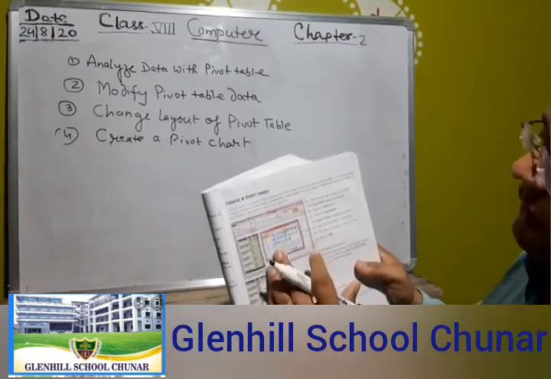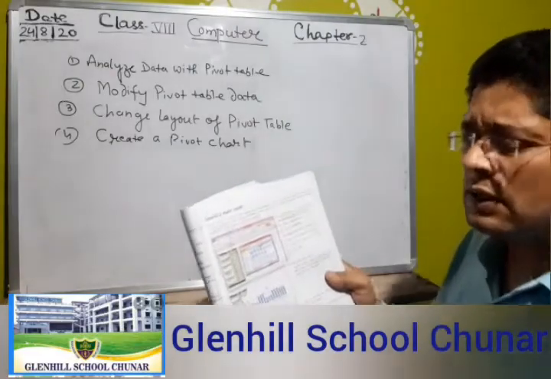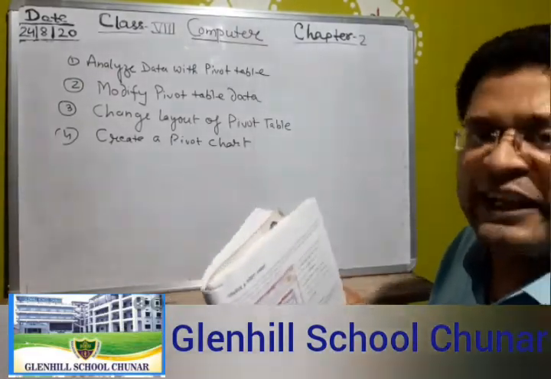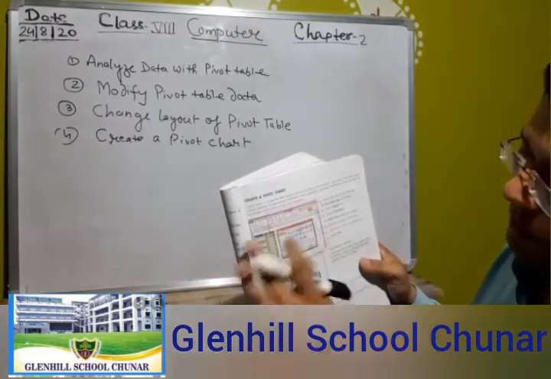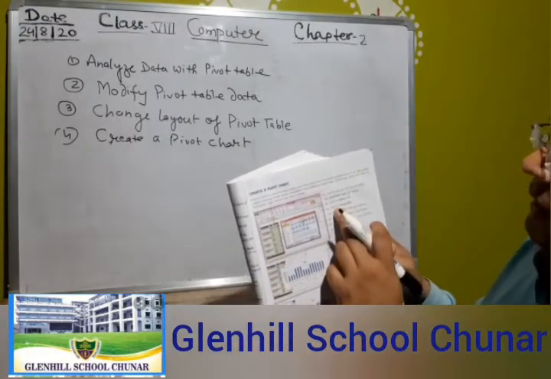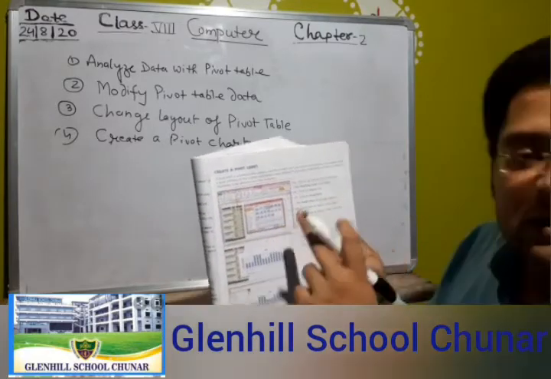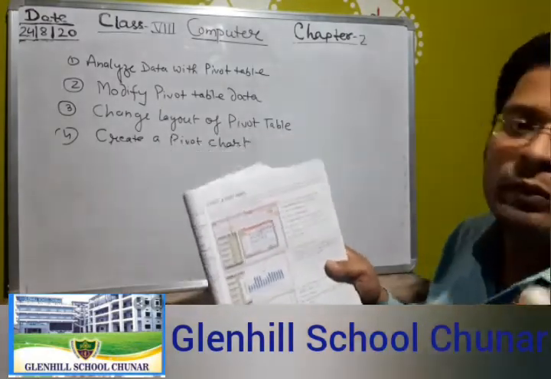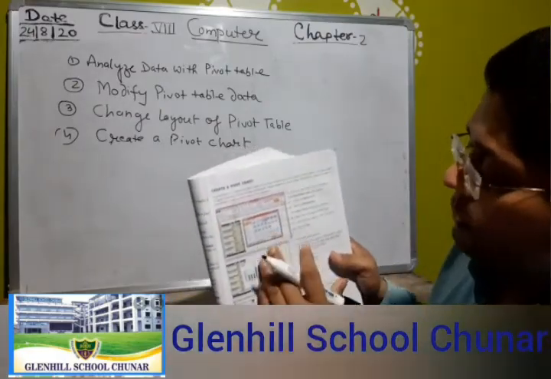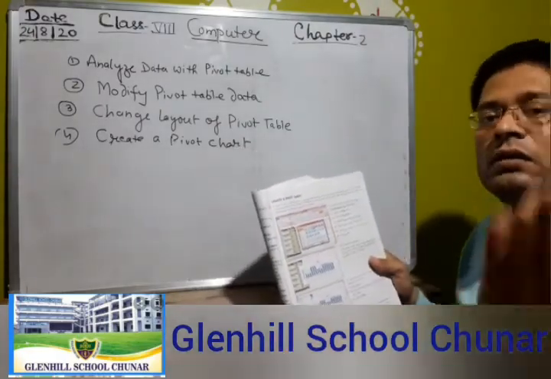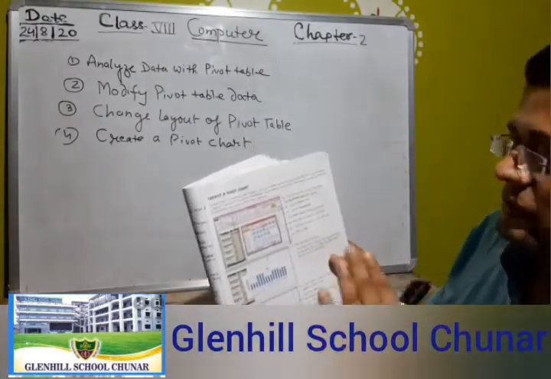First click on any cell, the same process as creating a pivot table, and click on the Options tab. Click on pivot chart and the Insert Chart box appears. Click here to select a chart type.